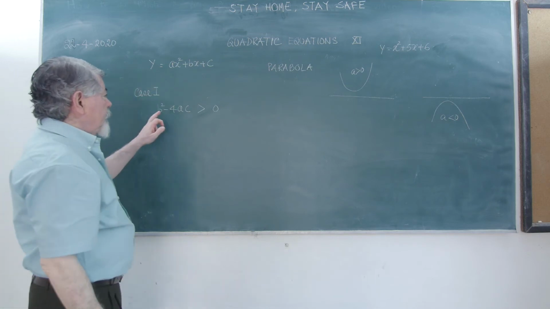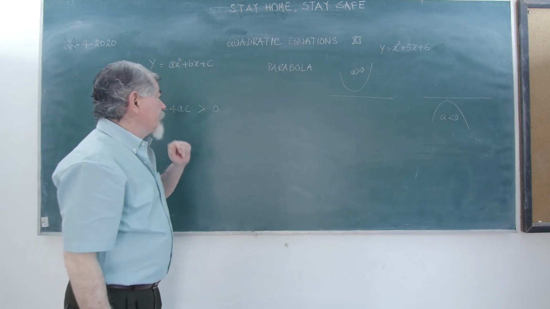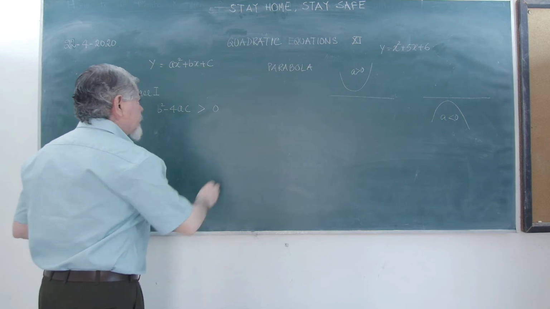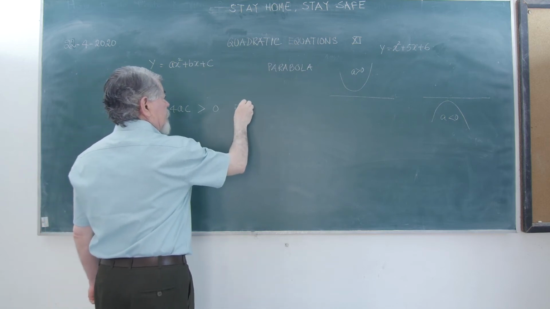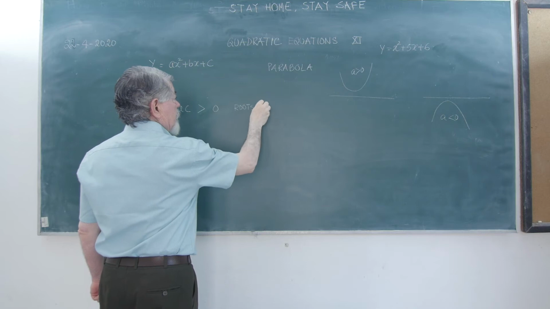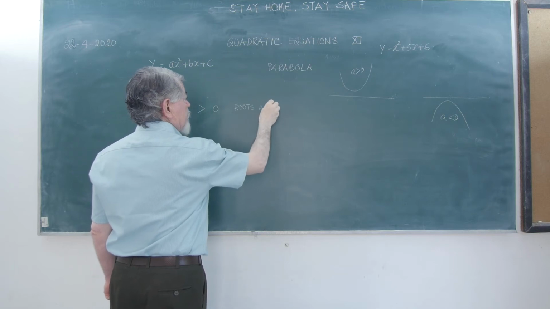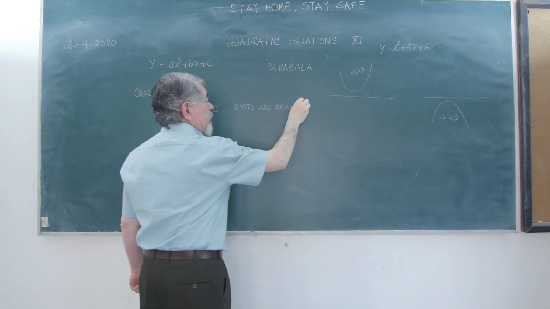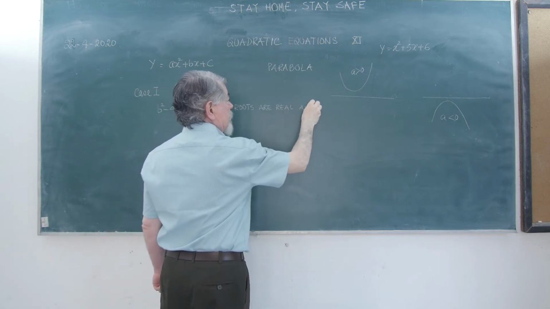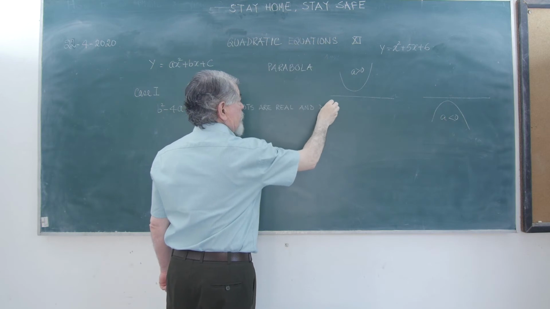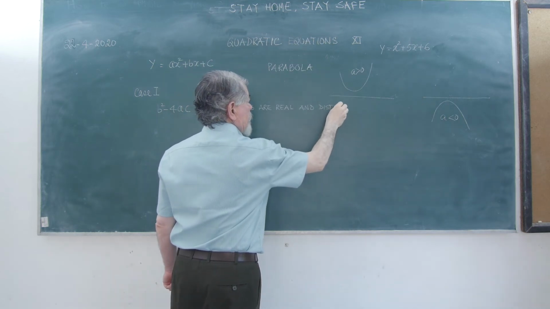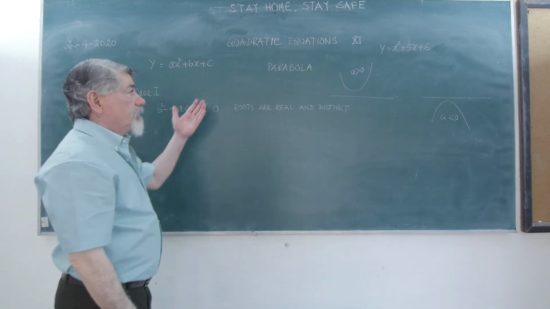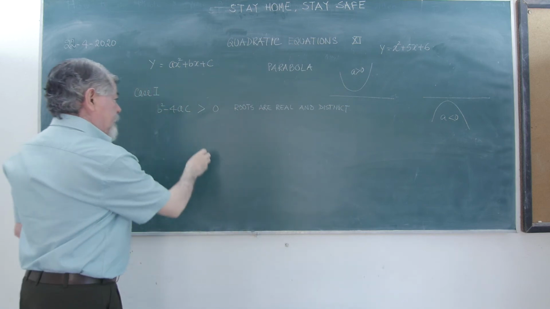In case 1, b square minus 4ac was greater than 0, then roots are real and distinct. And what kind of parabola will you get?